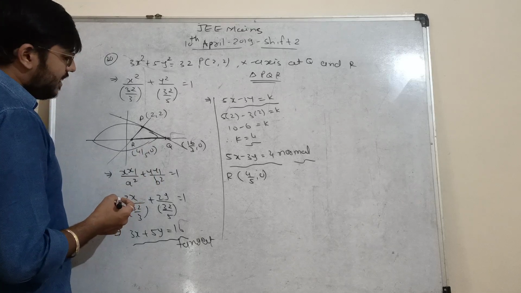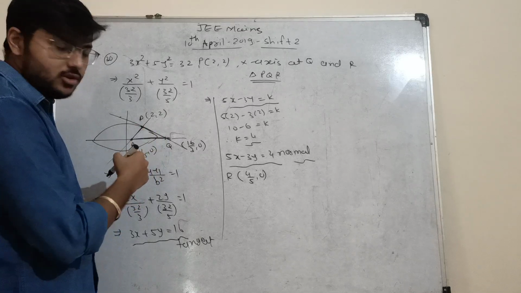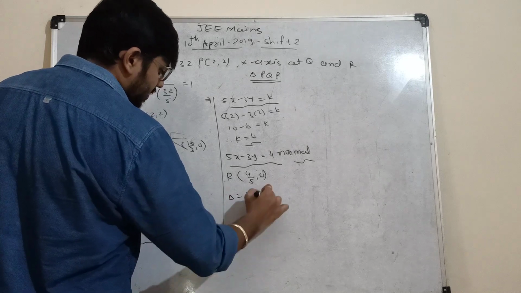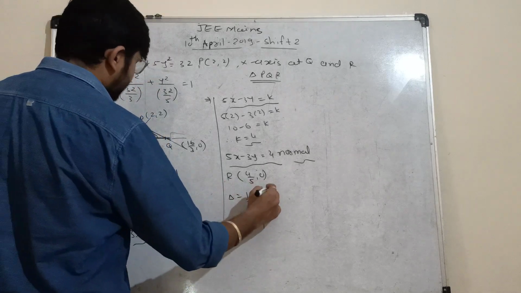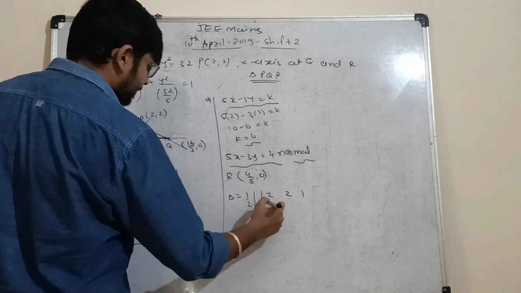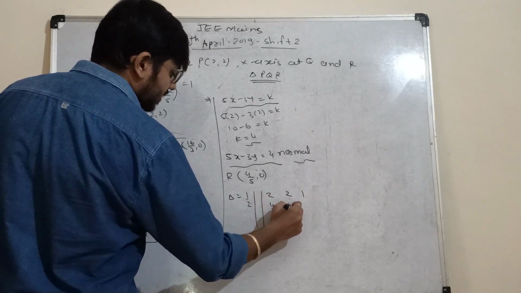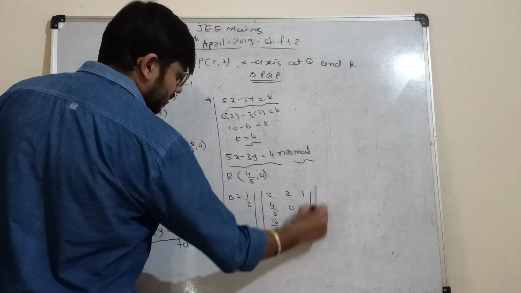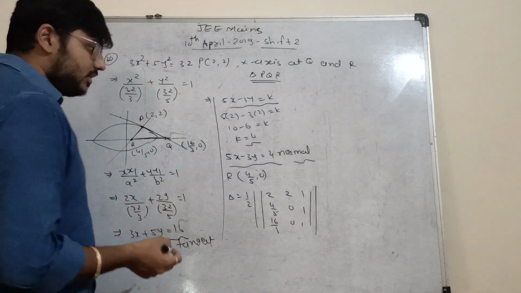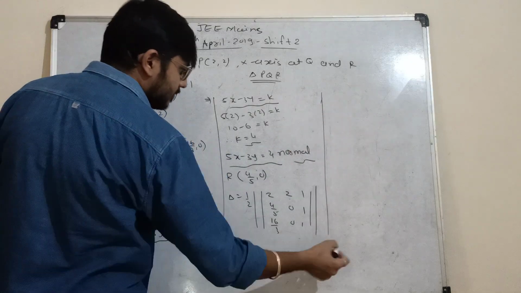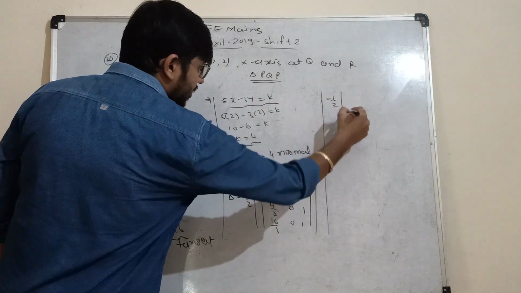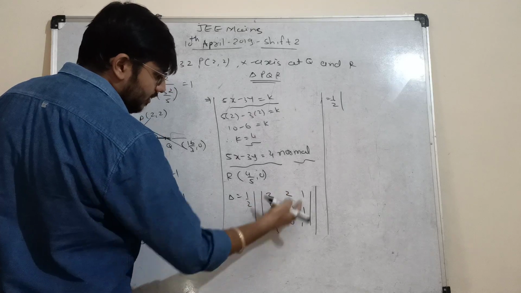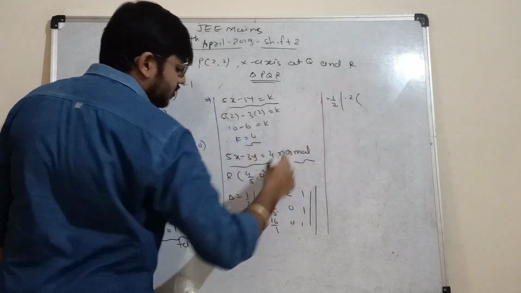And now we want to find the area of triangle PQR, right? So area will be half mod of the determinant with rows 2 2 1, 4 by 5 0 1 and 16 by 3 0 1. Let us expand along the third column, the second row.